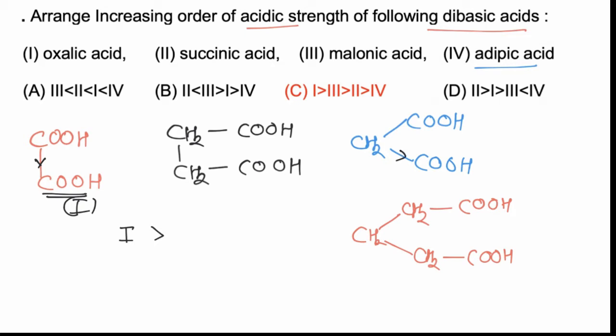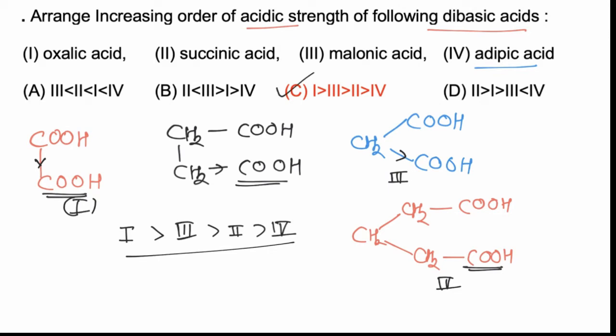Now with increasing distance, minus I effect decreases. So after 1, 3, the distance of C double OH is comparatively more. In case of the fourth, C double OH is present at maximum distance. So the correct acidic strength is 1, 3, 2 and then 4, and hence the correct answer is C.